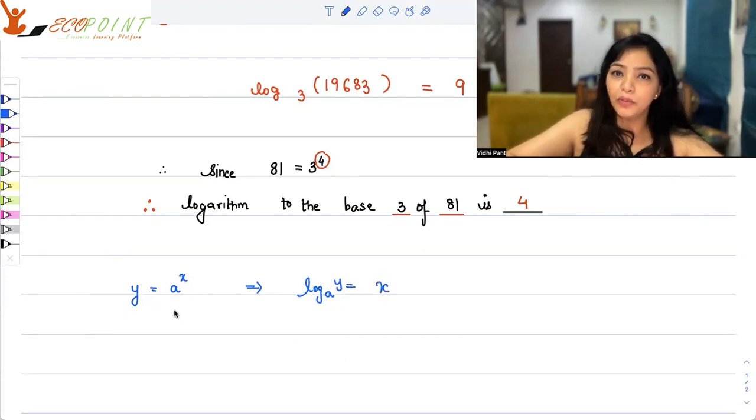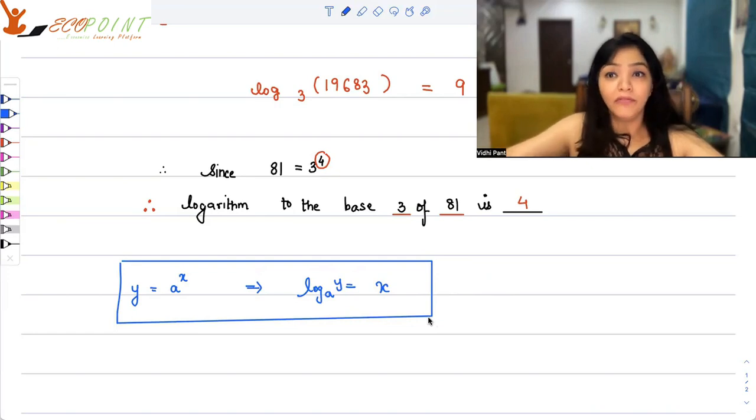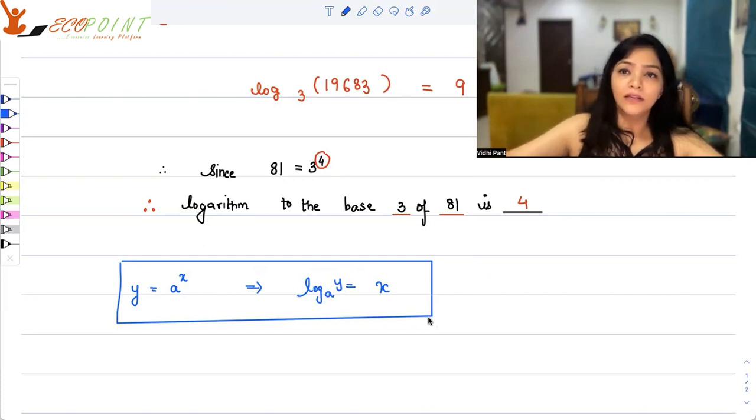Because when you would put a power of x to a, base a, you will achieve y. So this is what is logarithm. Logarithm is another name to power. Now, the base may vary. There are certain common bases that we take, 2, 10, and the most common natural log, which is e. So I'm going to talk about all that.